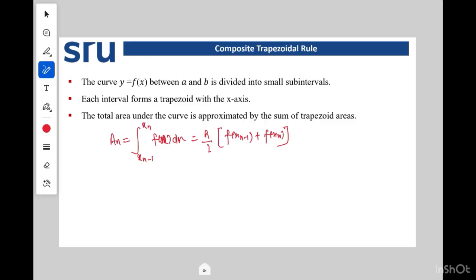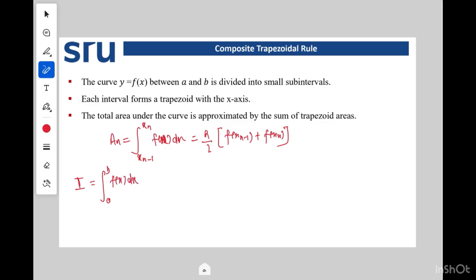So if we add them, we will get the total area. What will be the total area here? Suppose this one is I, capital I, which is equal to the total area from a to b of f of x dx.